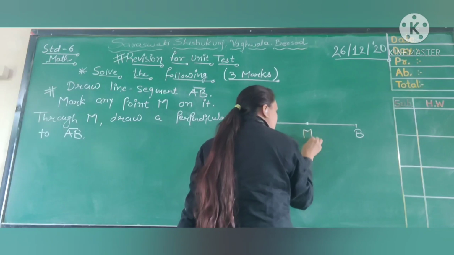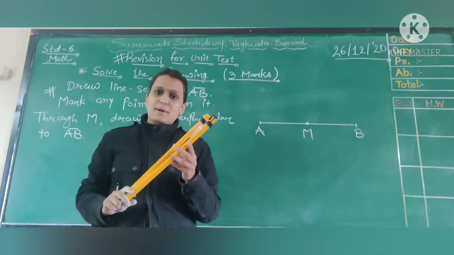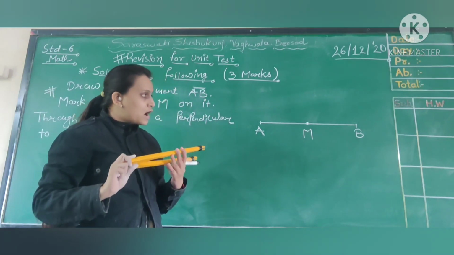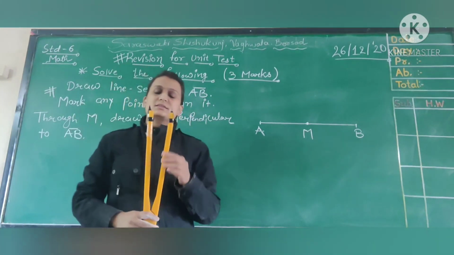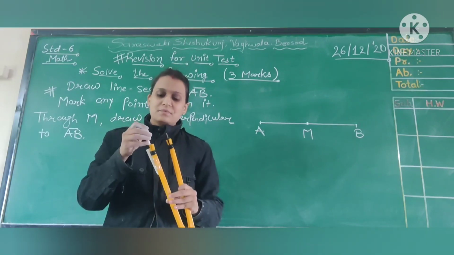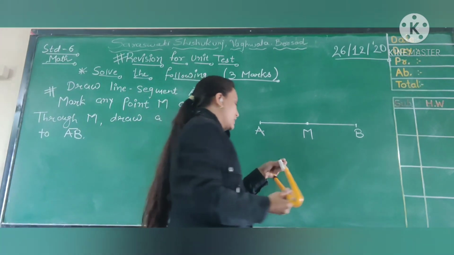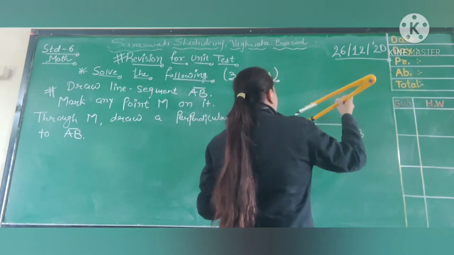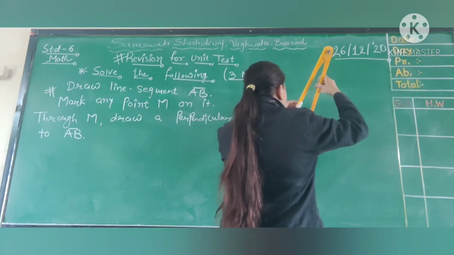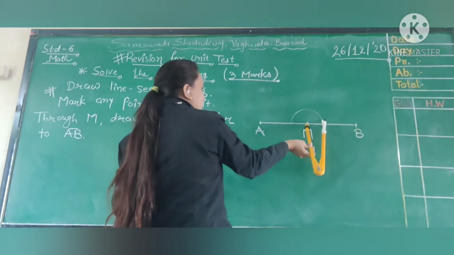Now with the help of a compass we have to draw an arc. This is not a fixed measurement; we can take any measurement here. From point M, you have to draw an arc, like this, a semicircle.